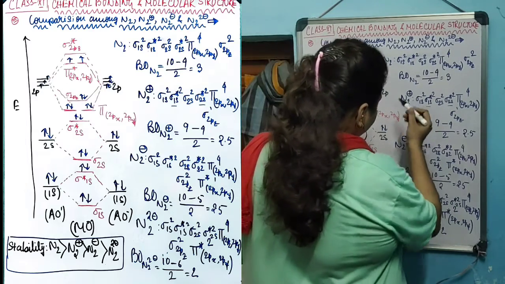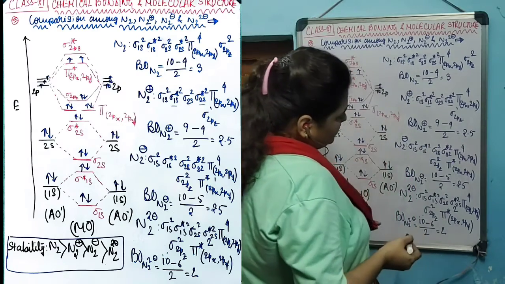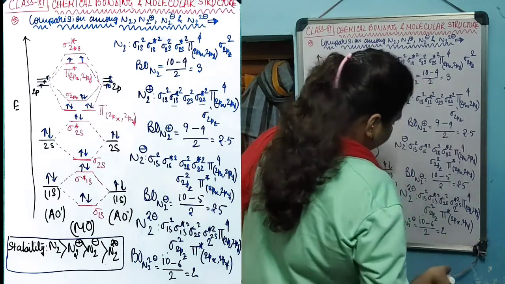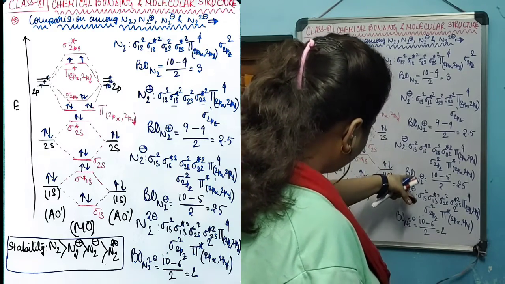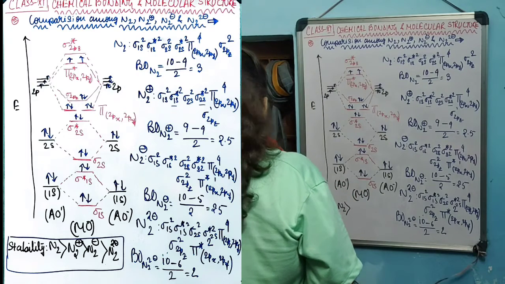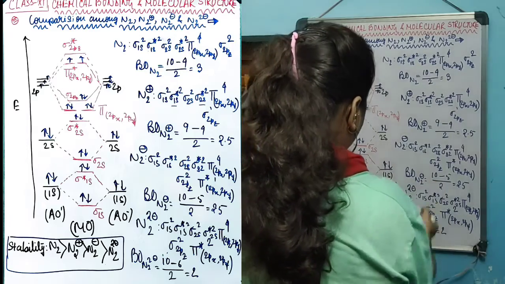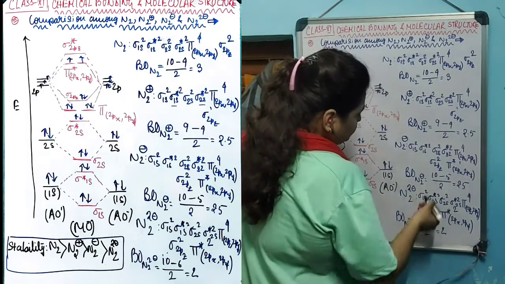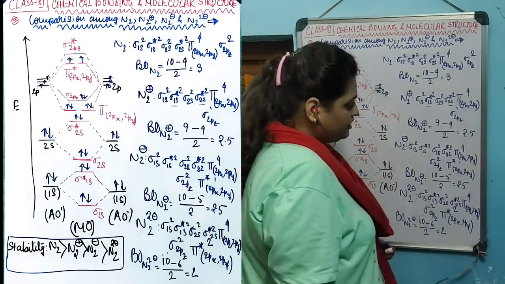In N2 plus, the number of electrons in bonding is 9, and in antibonding is 4, whereas in N2 minus, the number of electrons in bonding is 10, but in antibonding there are 5 electrons.